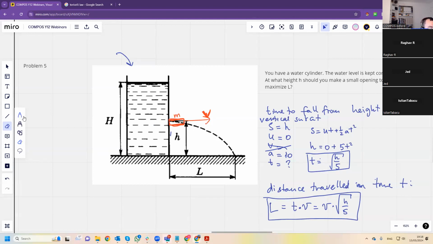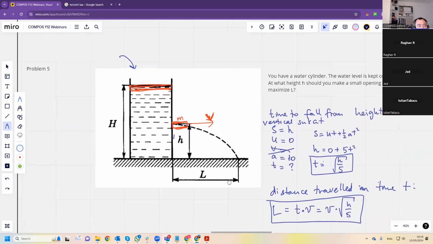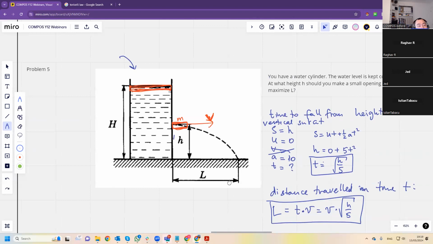As this water leaves, the top part of the water drops down by a very small amount. Yes, you are correct.